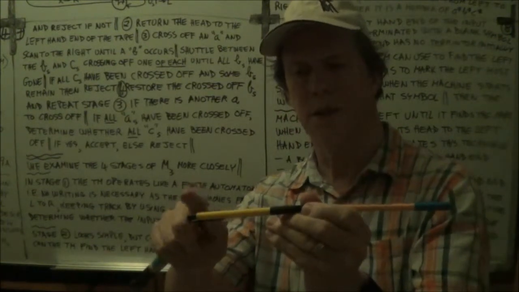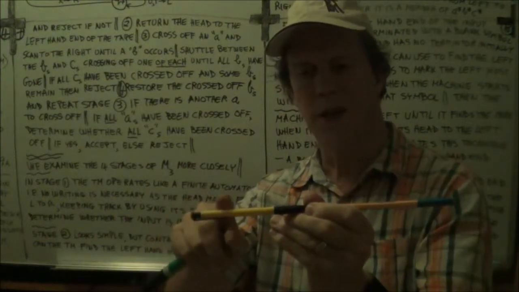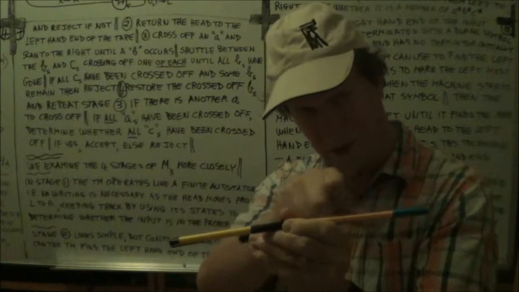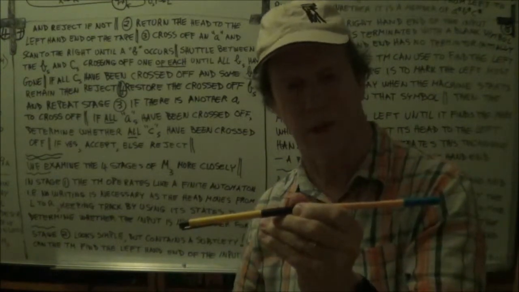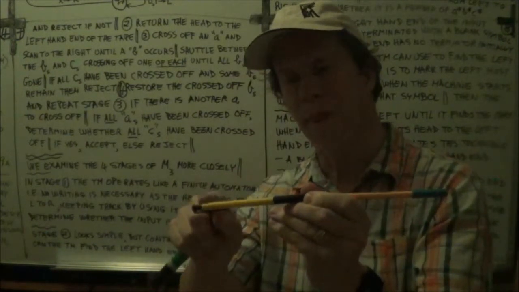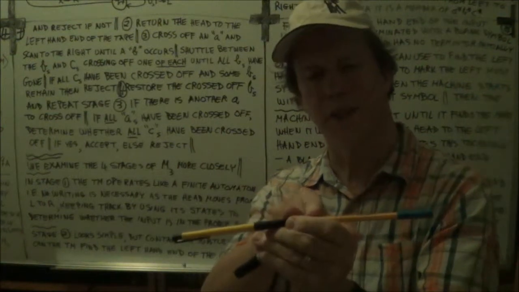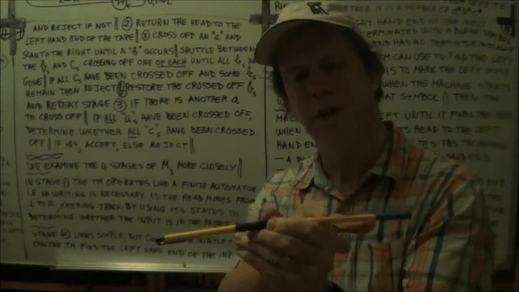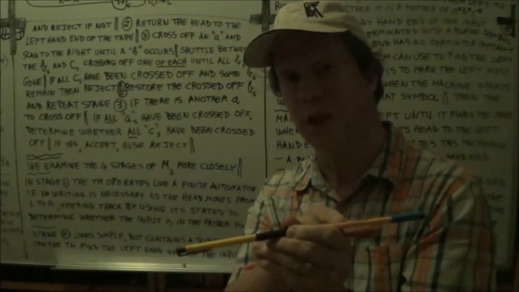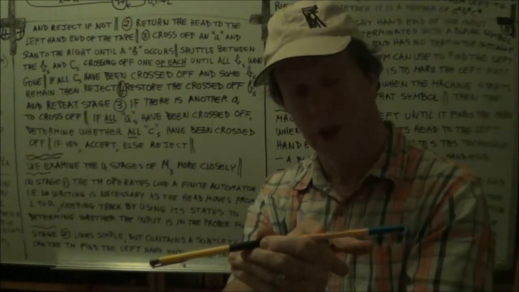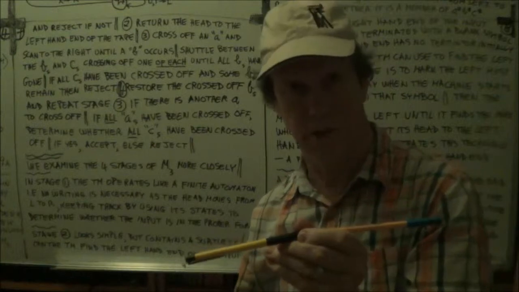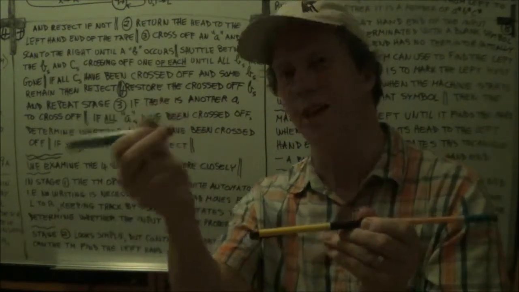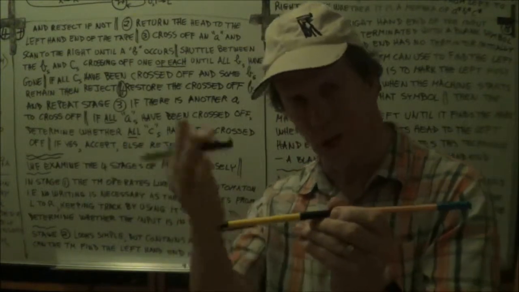For each B that you cross off, a corresponding C in the block of C's is crossed off, until all the B's are crossed off and as many C's have been crossed off. Now if i times j equals k, then the number of C's is going to be a lot more than the number of B's, in fact i times more. Okay, that's the whole point.